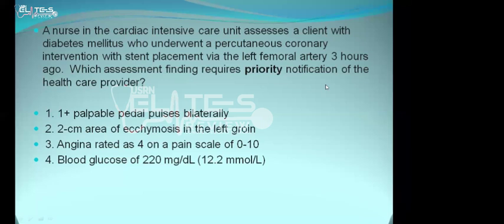So let's look at something. Why do we do this coronary artery intervention, I mean, with the stent placement in the first place? It means we want to ensure adequate blood flow to the heart, right?